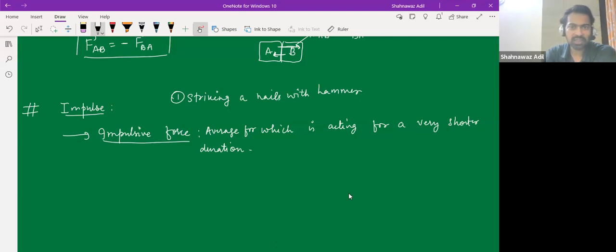That is called the impulsive force. Or let's say the batter applies a very short duration force on the ball. Whenever the batter strikes the ball, he applies a very short duration force. That is called the impulsive force, right? Or a batsman strikes the ball.